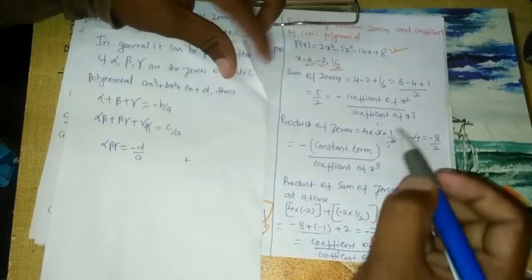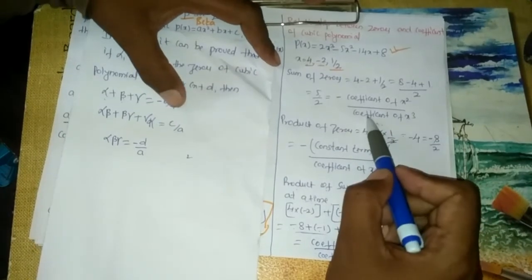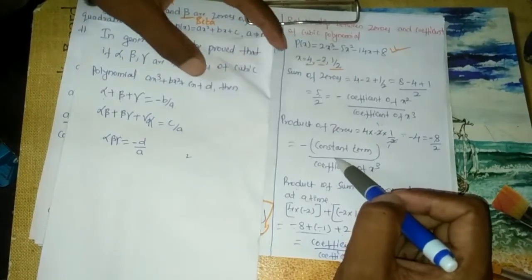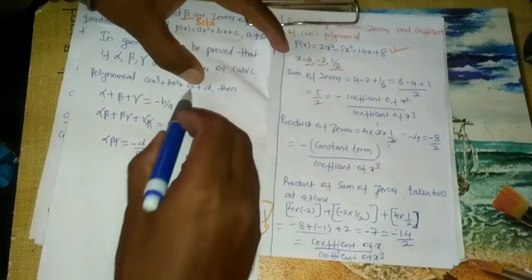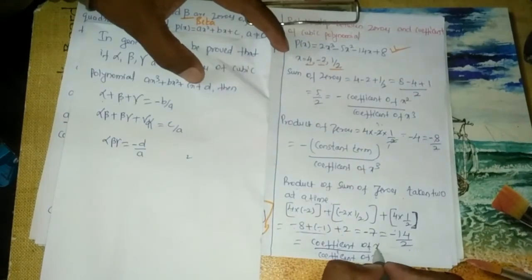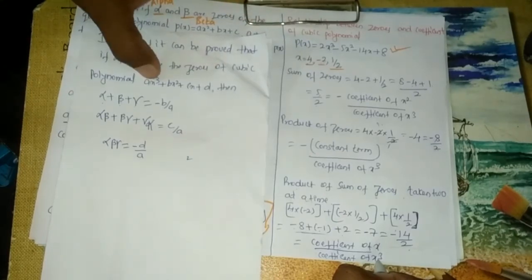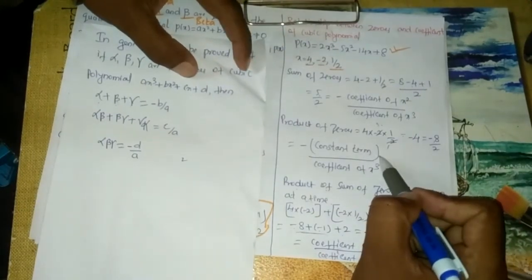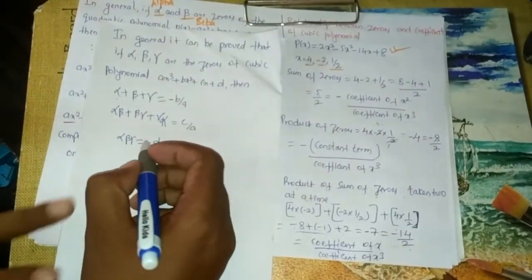Okay, b is coefficient of x square and a is coefficient of x cube, and c is, no, it is coefficient of x, correct, it is coefficient of x, and a is coefficient of x cube, and minus d is constant term upon coefficient of x cube.